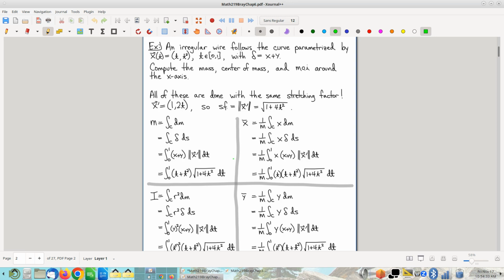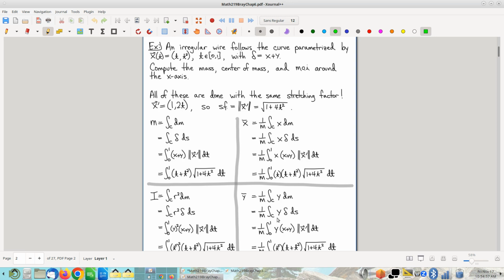Whether you're computing mass or moment of inertia or various coordinates of the center of mass, it's all over the same curve, which you're parameterizing with the same function, which therefore has the same velocity, which therefore has the same magnitude, namely the same stretching factor. So much is just the same in all of these calculations.